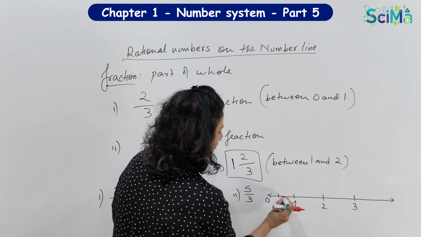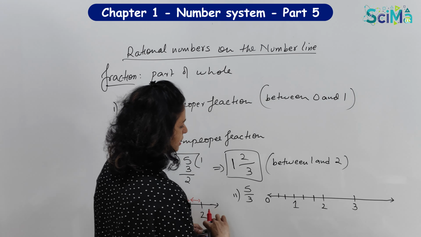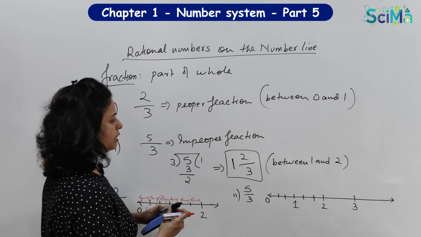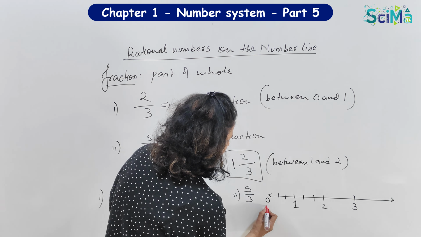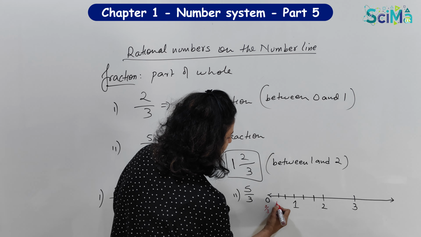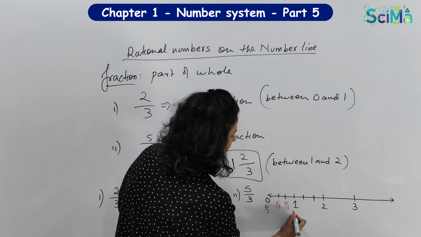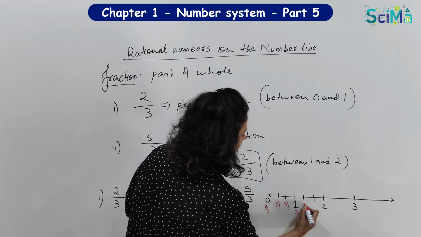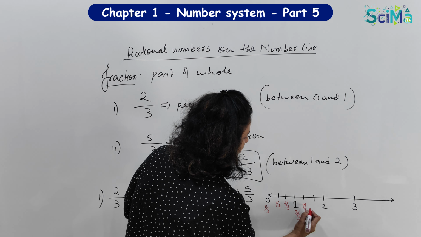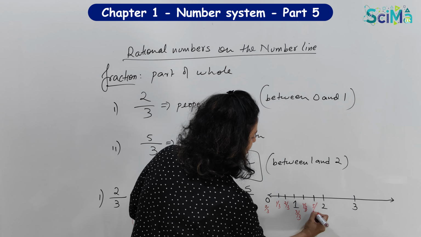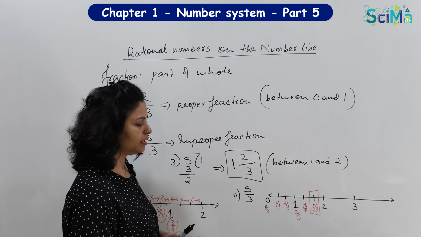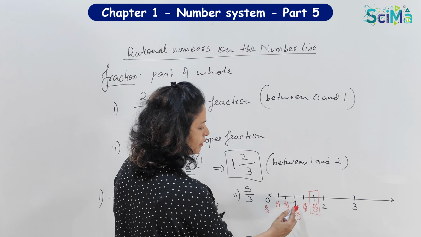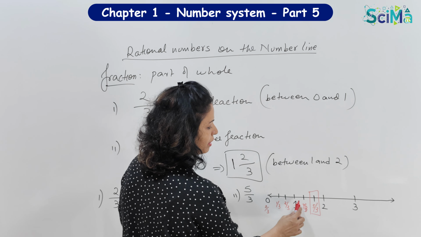So we'll divide. Obviously it is an improper fraction, it is going to be more than 1. Now this is 0 by 3, first division 1 by 3, 2 by 3, this is 3 by 3, then 4 by 3. Now here we get 5 by 3. See, it is coming between 1 and 2.